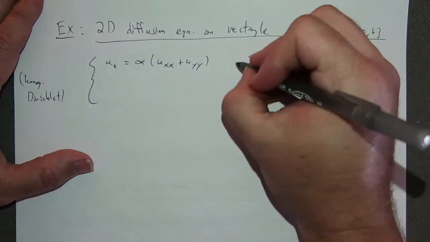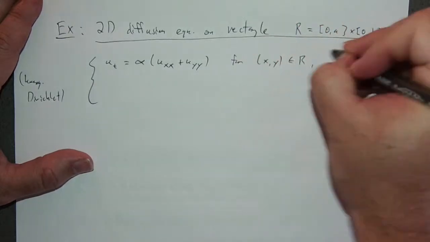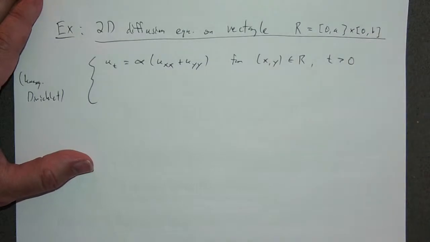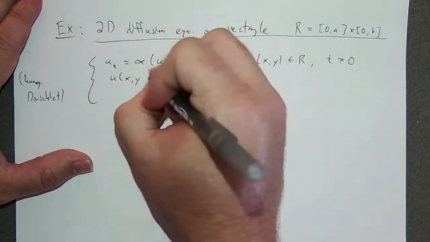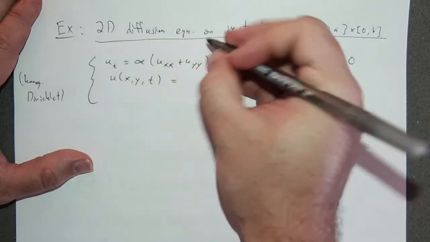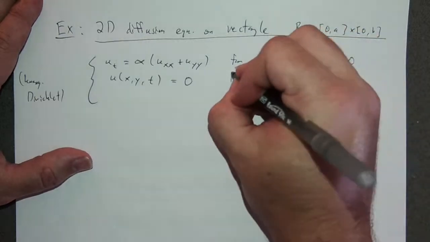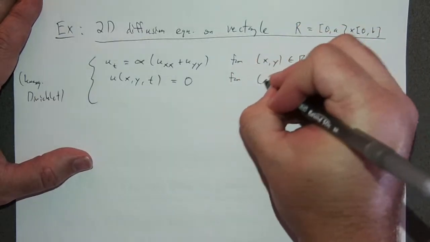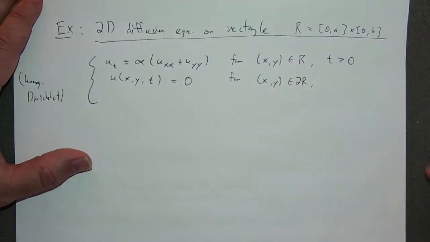All right, for x, y in R and for t greater than 0. On the boundary, u of x, y, t is equal to 0 for x, y in the boundary of R, t greater than 0.